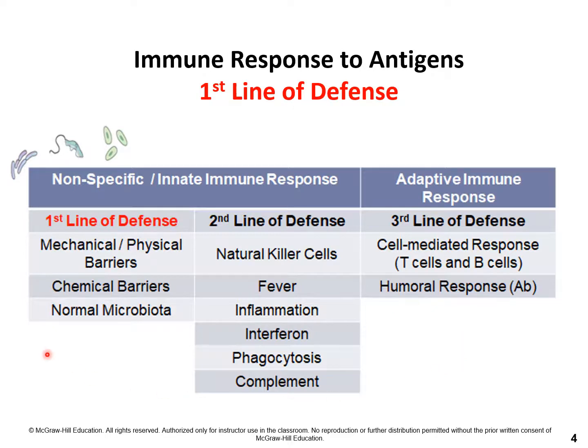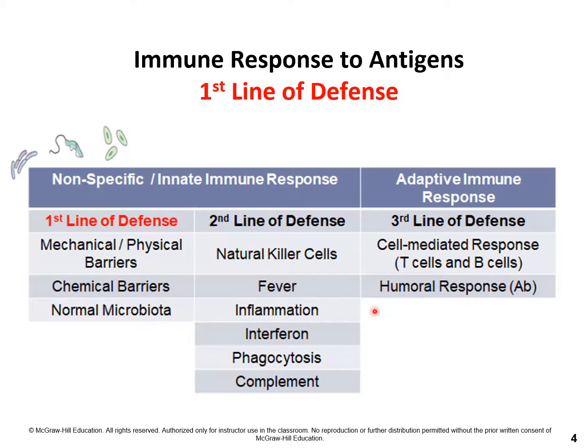We can think of the innate immune responses as lines of defense, like going to war. You have your first line of defense. If your enemy gets past the first line of defense, then they're faced with the second line of defense. And if they get past that second line, then they're faced with the strongest and most powerful third line of defense.